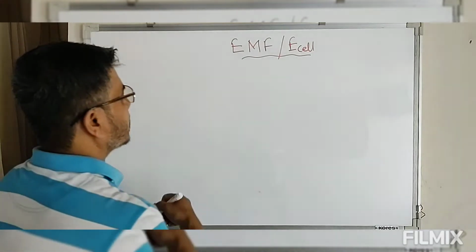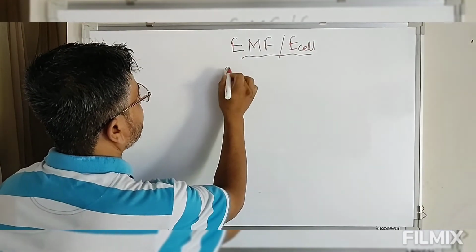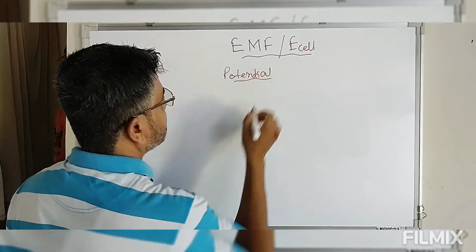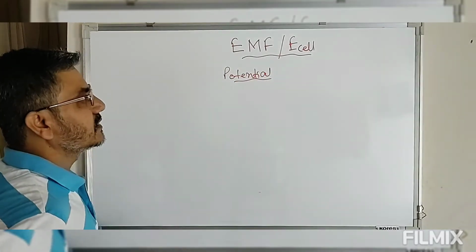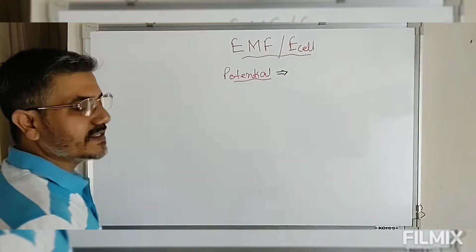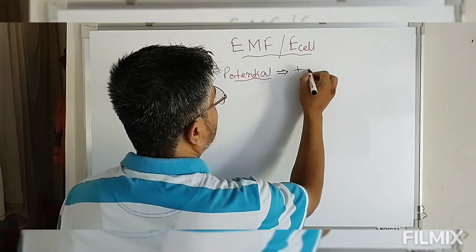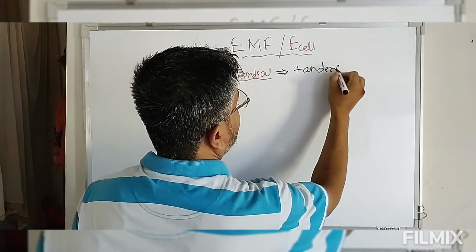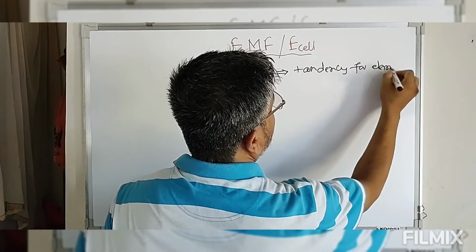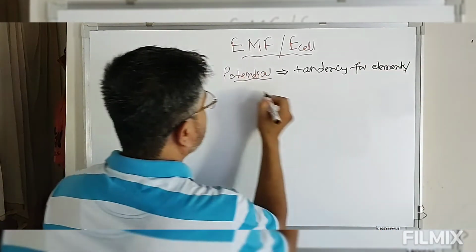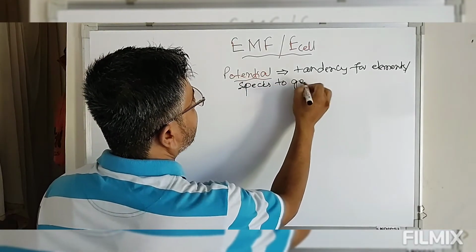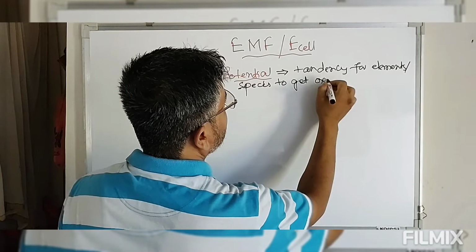This potential, that is E cell, is the tendency for elements or species to get oxidized or reduced.